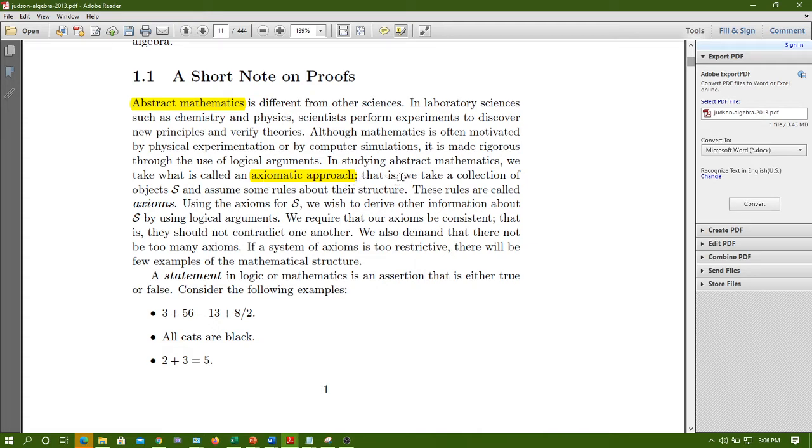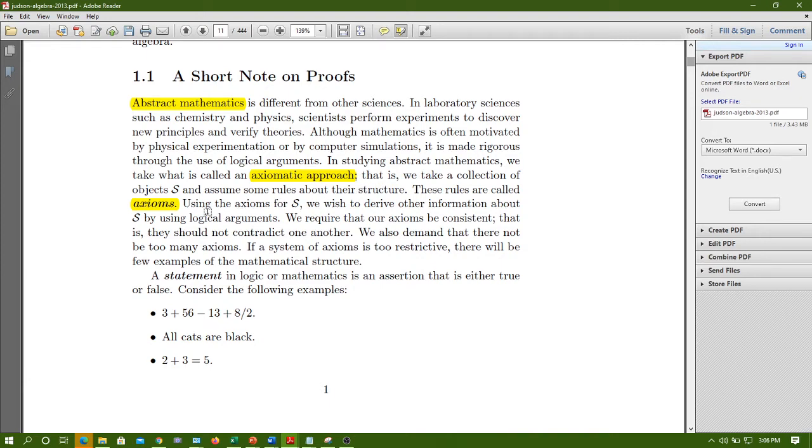That is, we take a collection of objects S and assume some rules about their structure. So these rules are called axioms. Okay, so how to do axiomatic approach? We take a collection of objects S and assume some rules about their structure.